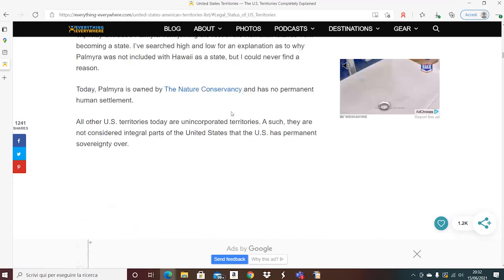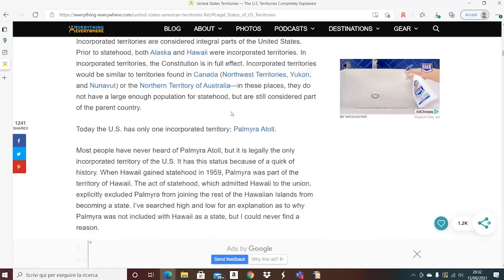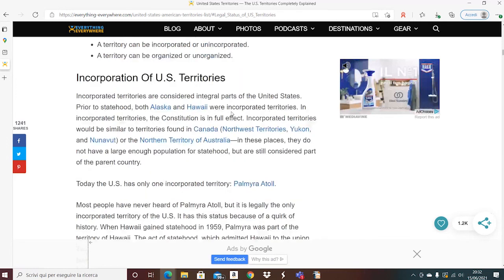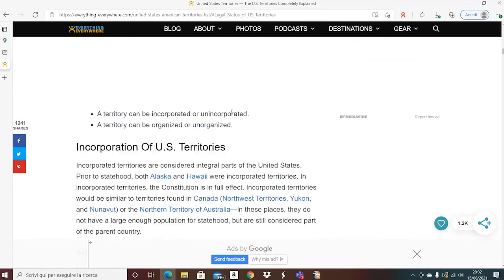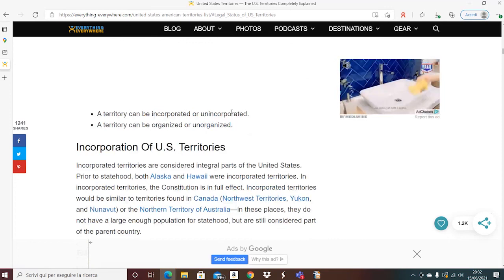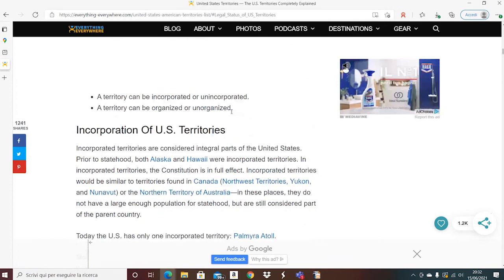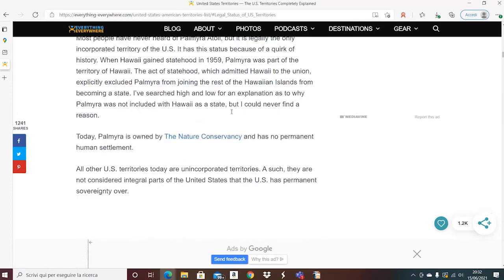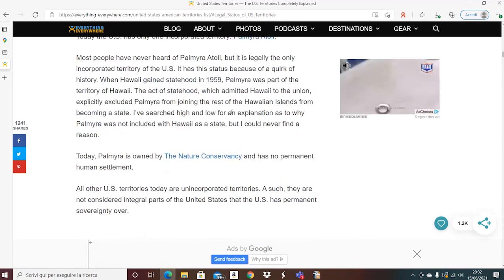Have you ever been to an American territory or to a former American territory such as Hawaii, Alaska, and the Philippines? Unfortunately not. I was in Barbados recently, but it's Caribbean.